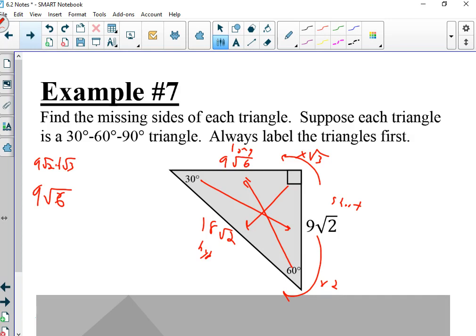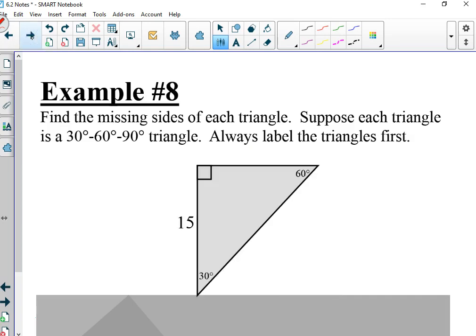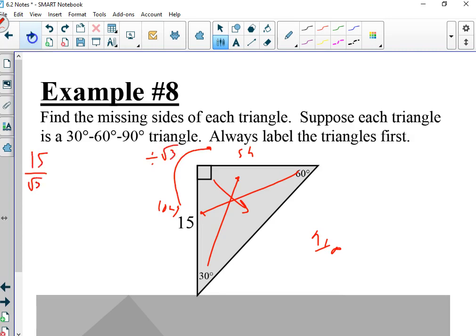There you go. Number 8, label. Hypotenuse. Short. Long. Remember, we're always going to go back to the short side. So if we're going from the long to the short, we're dividing. And it's radical 3. So we come off to the side and divide by radical 3, which we're not allowed to have. So what do we do? We rationalize.